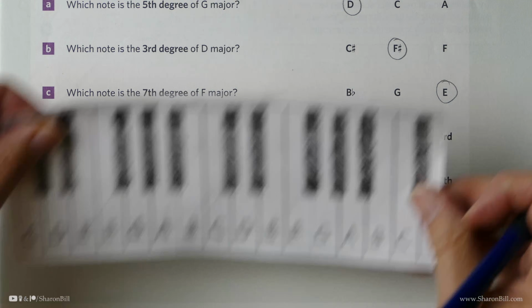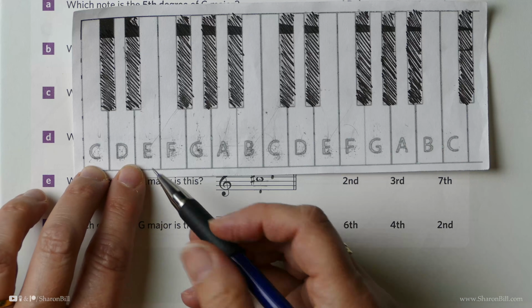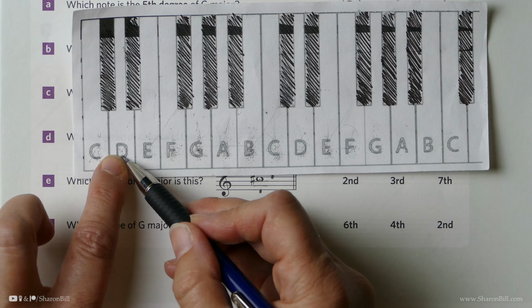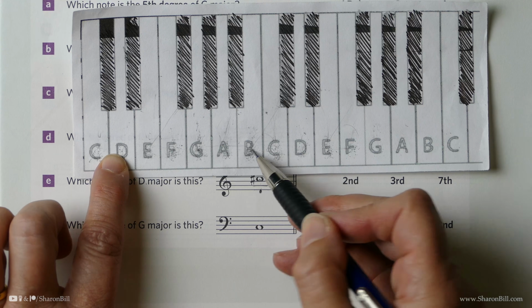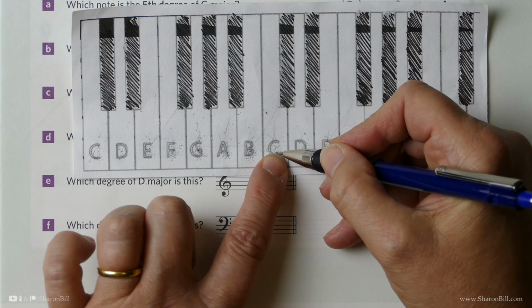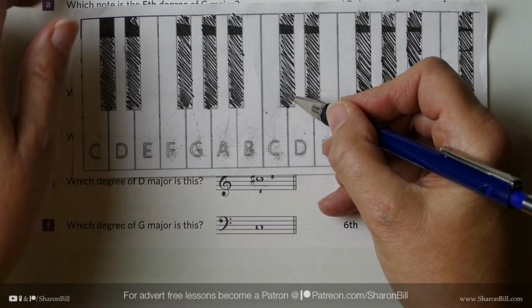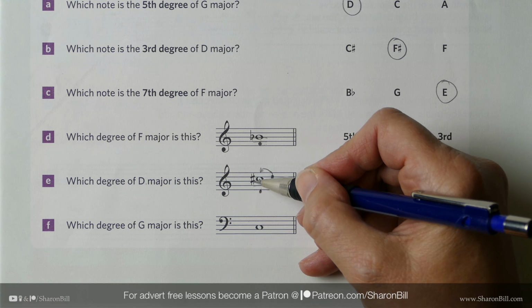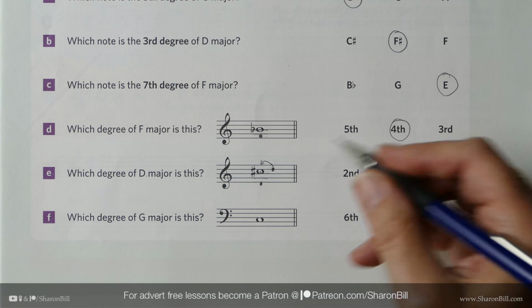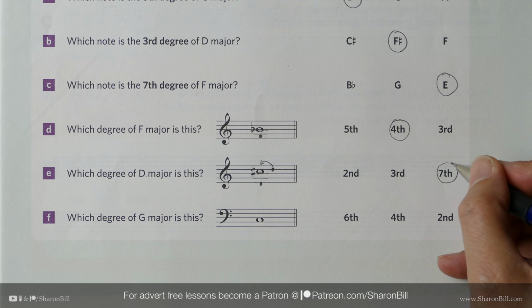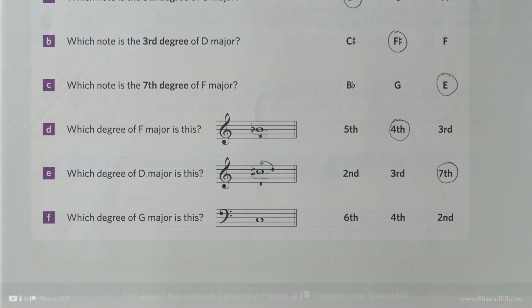And you can triple check it by counting on your piano keyboard. Counting D as 1, remember. 1, 2, 3, 4, 5, 6, 7. Remembering that D major has to have C sharps, which explains this here. And so now we're extra sure that it is indeed the 7th degree of the scale.